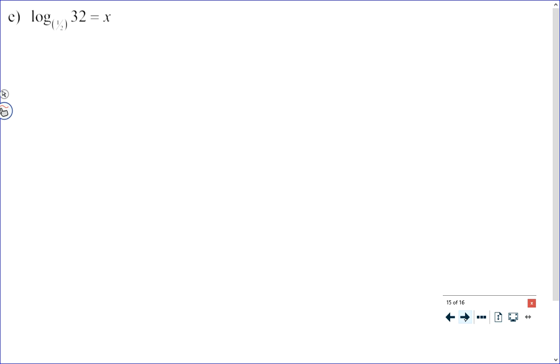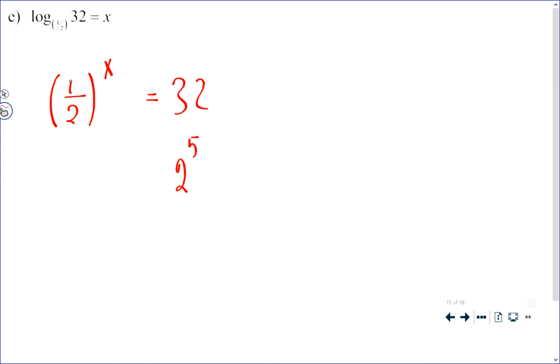E, log base 1/2 of 32 equals x, so we're going to write this in exponential form. We're going to go back to the previous lesson where we write things as a common base. The common base is 2. 32 is 2 to the 5. 1/2 is 2 to the negative 1.